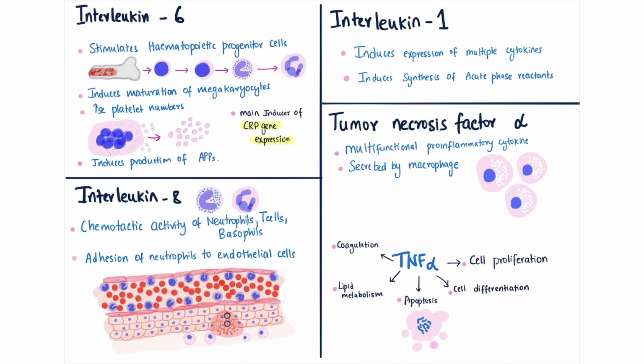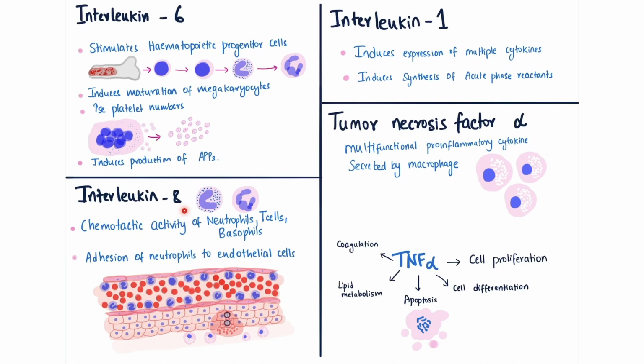Interleukin 6 is also the main inducer of CRP gene expression, because after getting released, interleukin 6 goes to the liver and makes the liver produce more C-reactive protein in response to inflammation. That's how important interleukin 6 is.